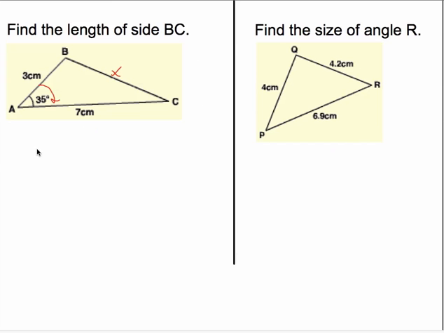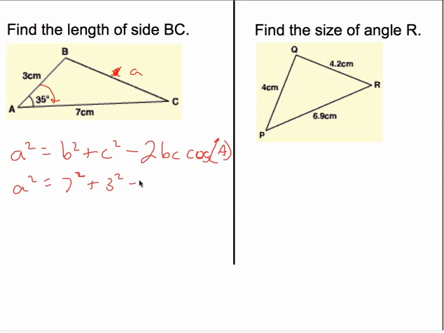So a squared equals b squared plus c squared minus 2bc cosine angle A. Let's call this a actually, because it's opposite angle A. So we have a squared equals, b squared is 7 squared plus c squared is 3 squared minus 2 times 3 times 7 times cosine 35.